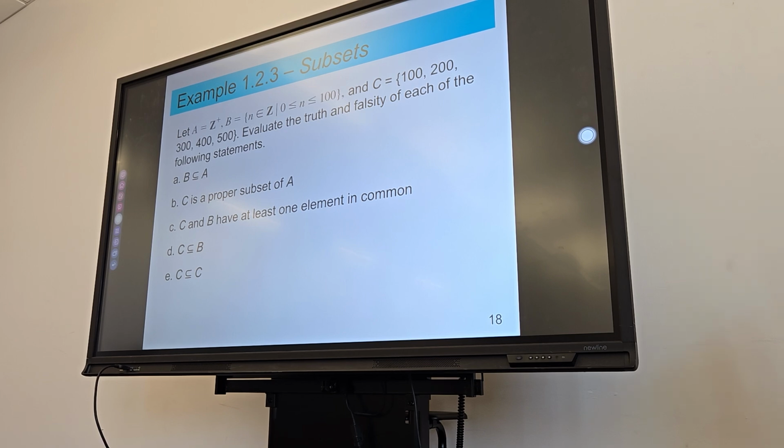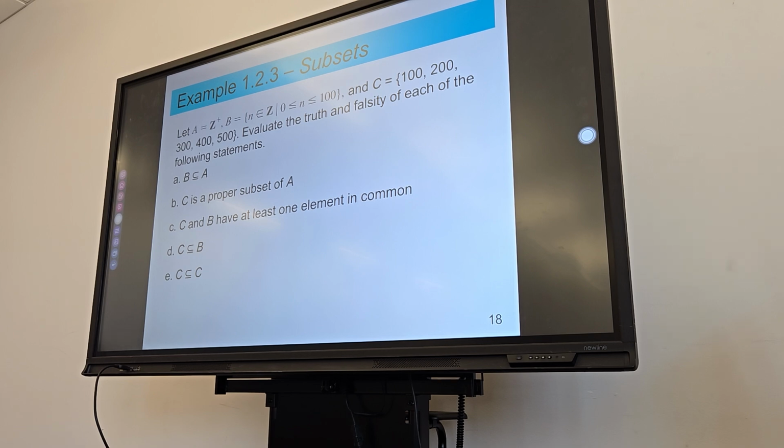No, because B only goes up to 100 and C contains 200, 300, and so forth. C is a subset of C. It's a subset, not a proper subset. So it could be a proper subset or equal.